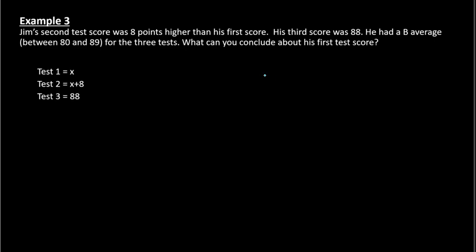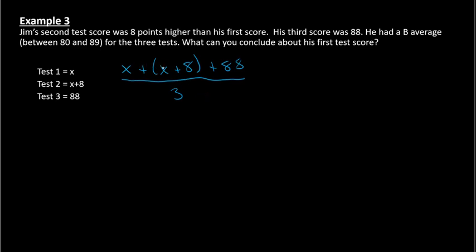All right, so for this one, we want to take into account that we are trying to have an average between 80 and 89. We find an average by taking the 3 test scores, so x plus 8 plus 88, and divide by the total number of tests, which is 3. All right, so this is the average.